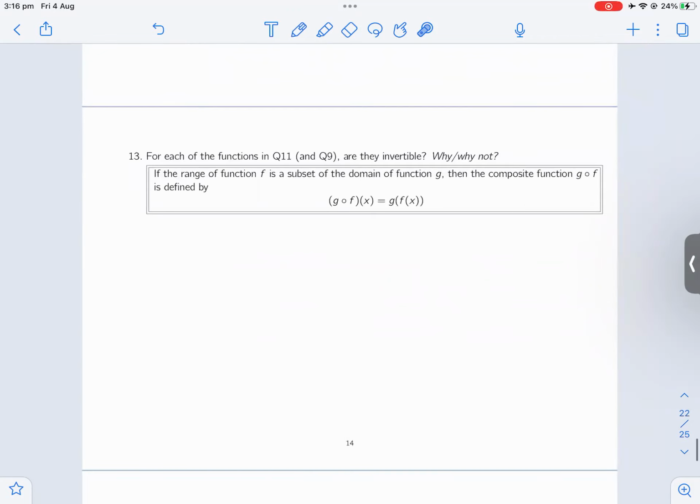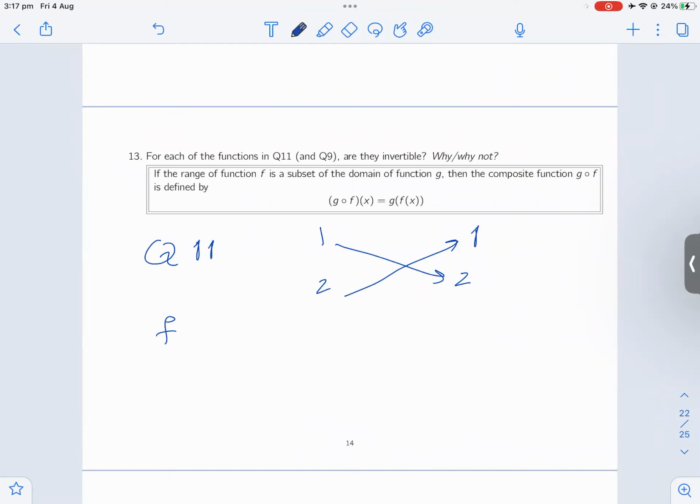Question 13, we can talk about compositions. So you've got this one, and from question 11, 1 goes to 2, 2 goes to 1.